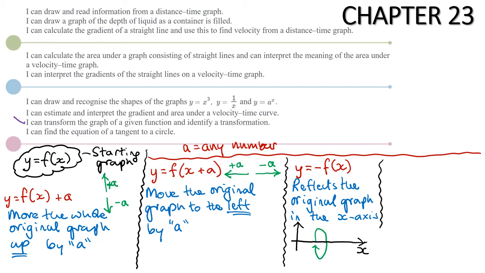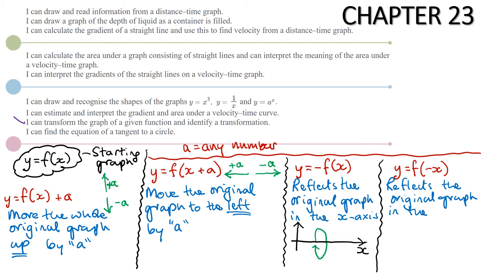Then the last type is if we have y equals f and then in brackets negative x. This reflects the original graph in the y-axis.